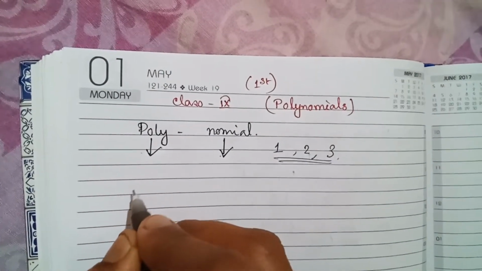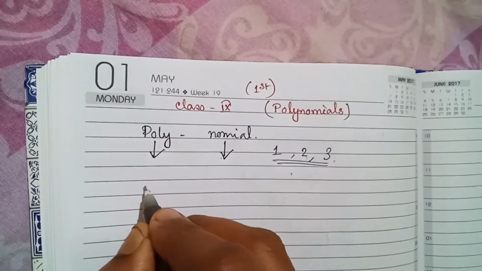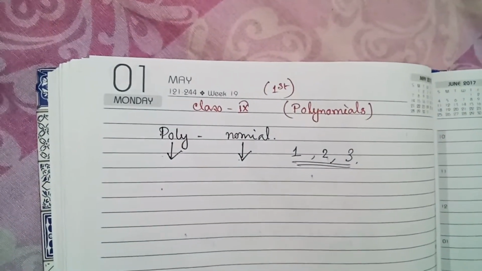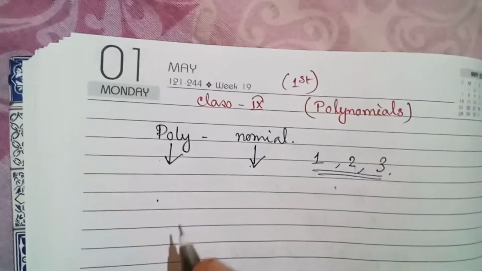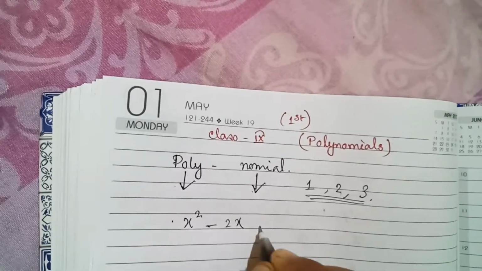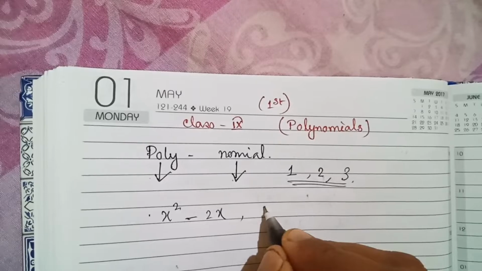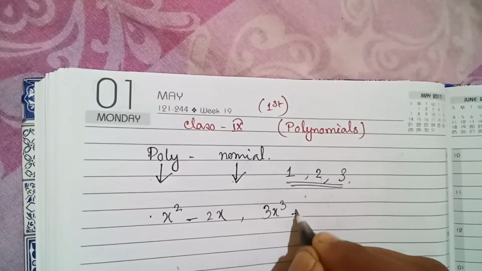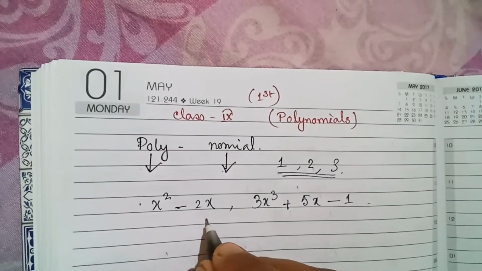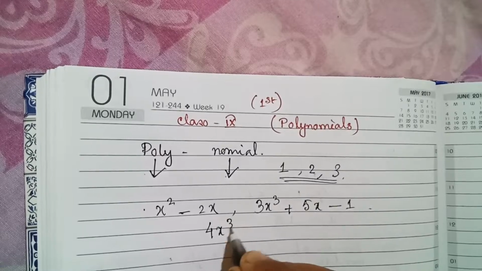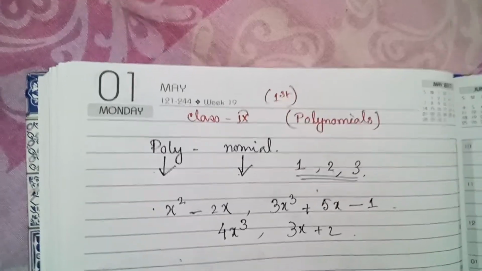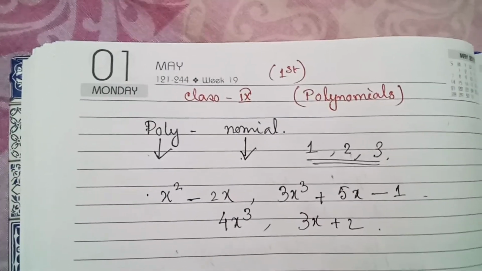You must have seen up to class 8 algebraic expressions in one variable. Here polynomial in one variable is our syllabus, so we will only discuss one variable, like x square minus 2x, or 3x cube plus 5x minus 1, or only 4x cube, or only 3x plus 2, like this, many more.